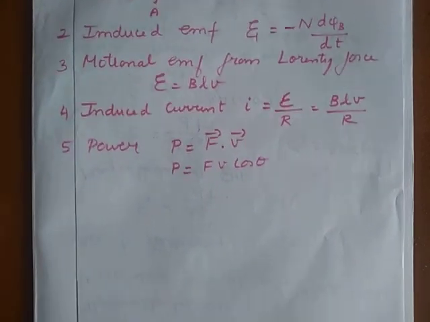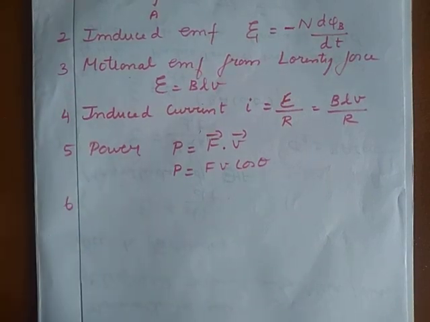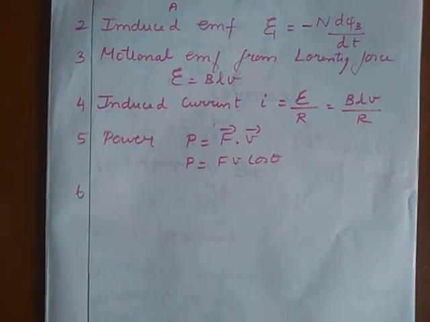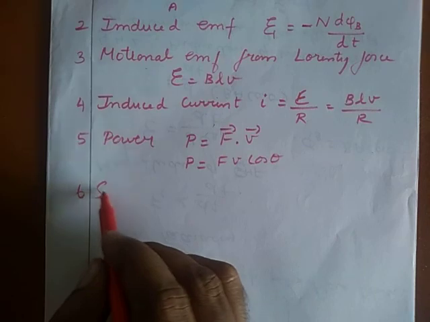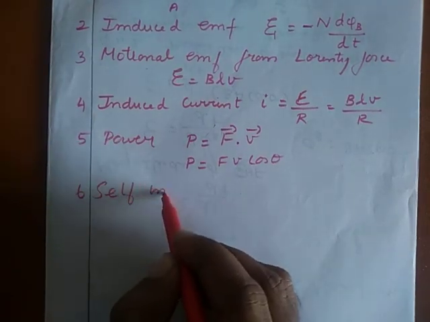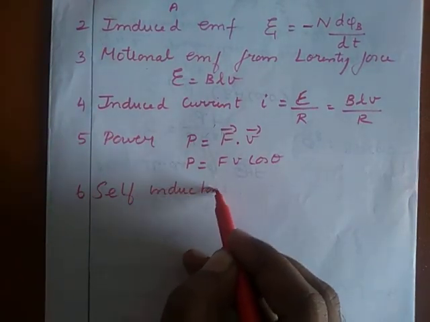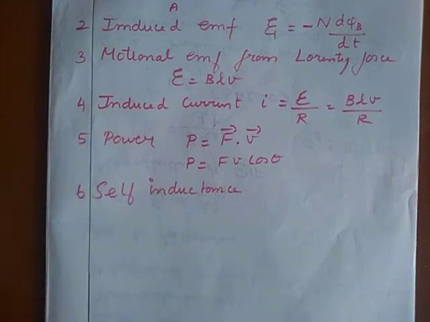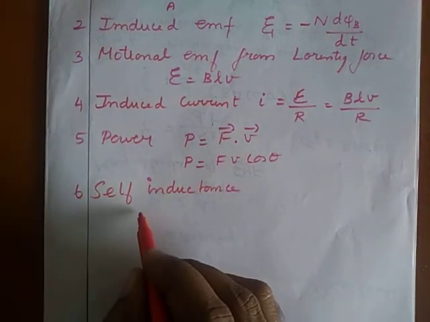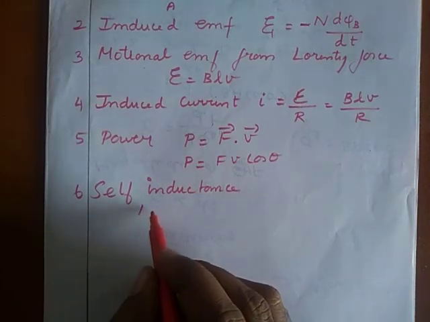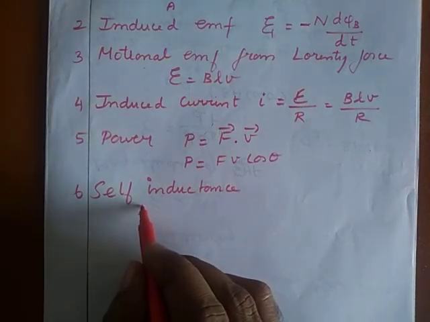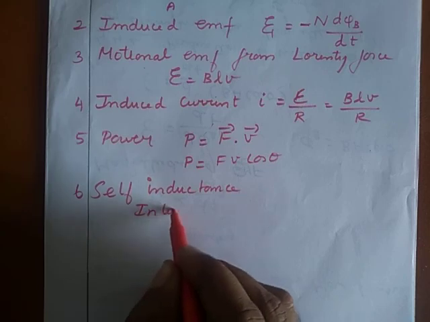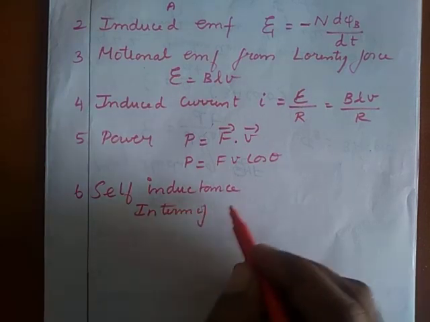Then next, let me go for the sixth one, that is self inductance. We can express this self-inductance in terms of magnetic flux or induced EMF. First, let me see in terms of magnetic flux.